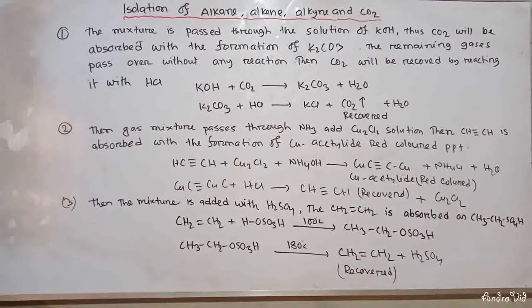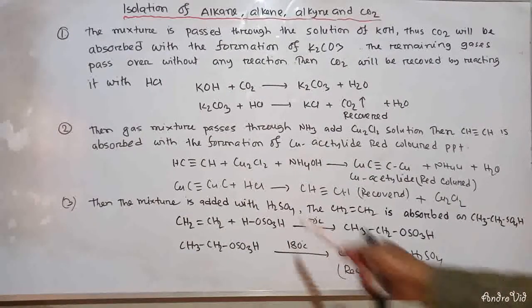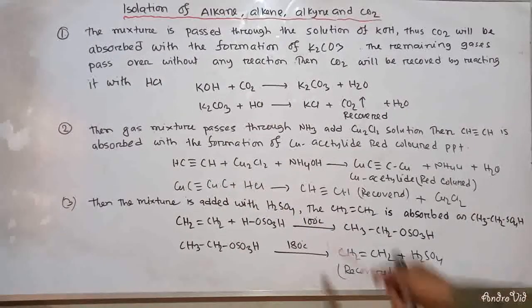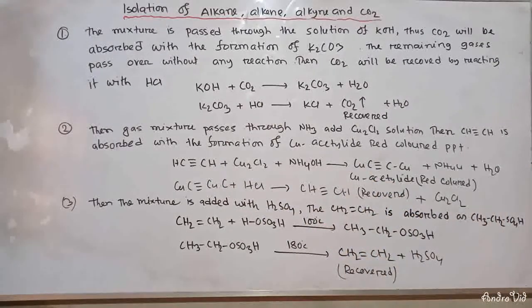Through this process acetylene is absorbed. Then HCl acid is added to this compound, and it produces acetylene along with cuprous chloride. In this way acetylene gas is recovered and separated from the mixture.